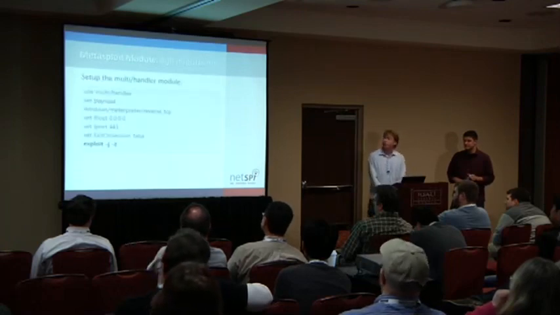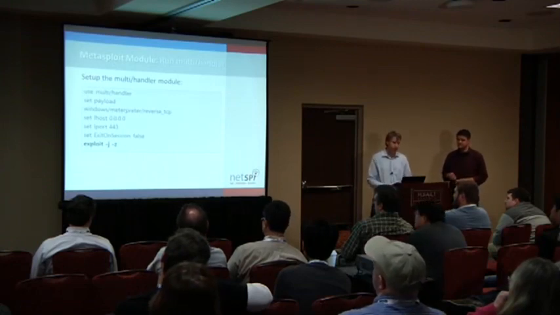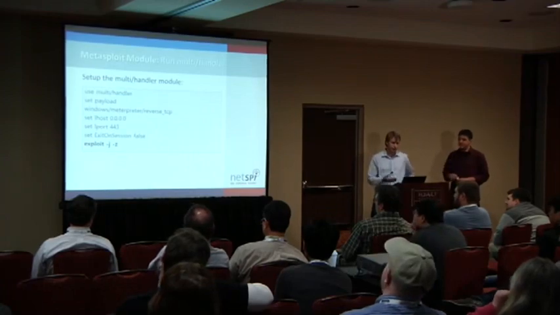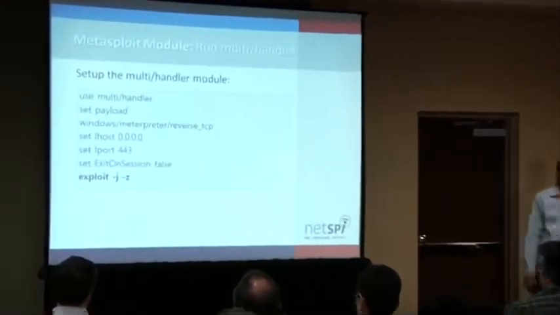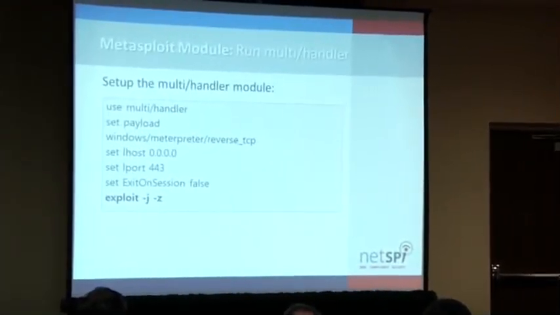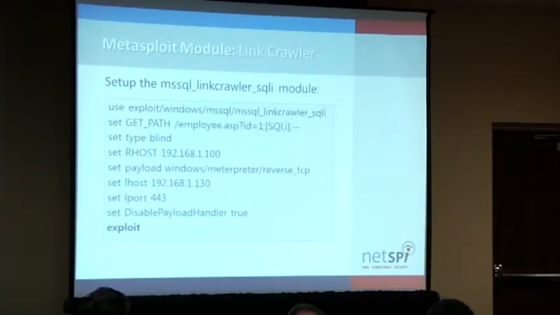How do you use this? If you want to get multiple shells back when you run it, you just start multi-handler in Metasploit, set the payload, set exit on session to false, so it can accept as many connections as you want. Start it in the background. Then you set up the module. Just a few important things about it is the get path.